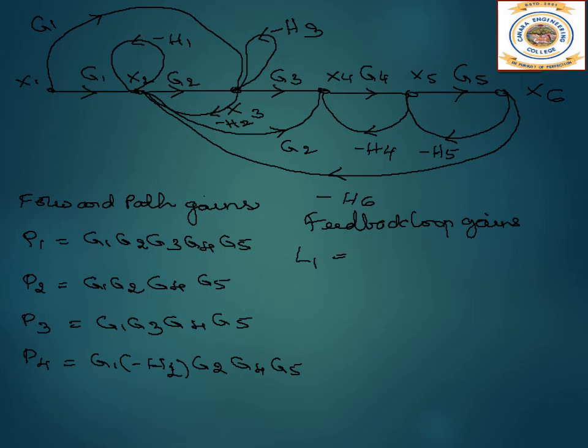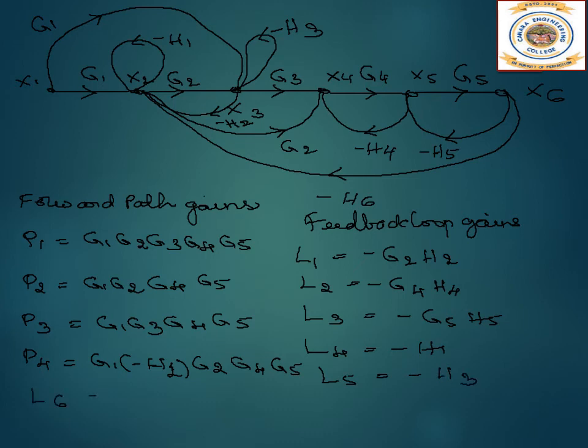So L1 is equal to minus G2H2, L2 is equal to minus G4H4, L3 is equal to minus G5H5, L4 is equal to minus H1, L5 is equal to minus H3, then L6 is equal to minus G2, G4, G5, H6, and L7 is equal to minus G2, G3, G4, G5, H6.